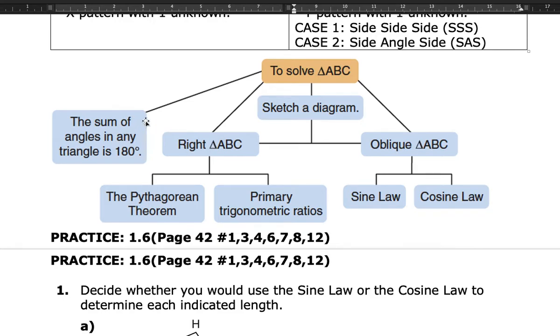The sum of the interior angles of a triangle always add up to 180 degrees, whether it is right or oblique. That can give you some information that may help you apply a different strategy. So if you're stuck, make sure that you're always doing that in advance. Next, if it's right or if it's oblique, that will be the primary determinant of whether it's Pythagorean Theorem and primary trigonometric ratios or Sine Law and Cosine Law. Good luck.